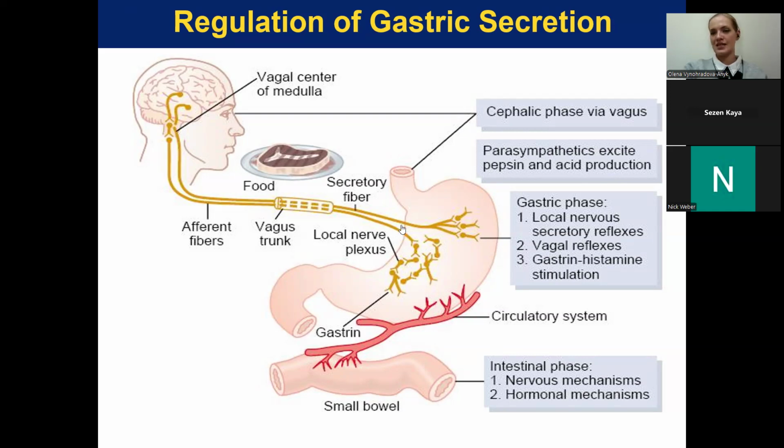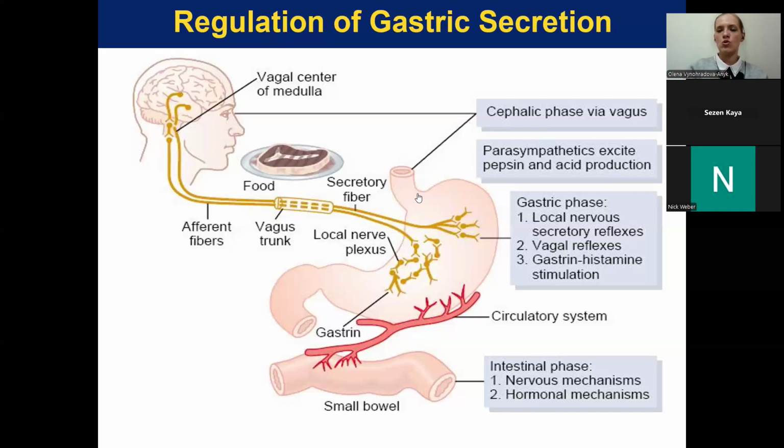The second phase is the gastric phase, the main phase, when food moves to our stomach. Here local nervous reflexes and vagal reflexes and gastric histamine stimulation happen, and we have the main stimulation of gastric juice production.